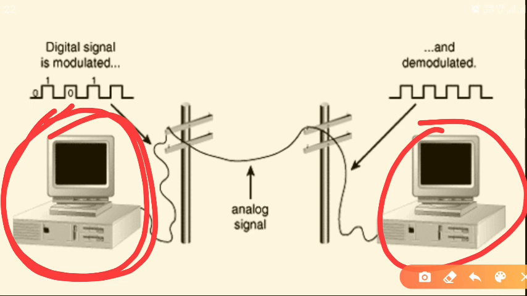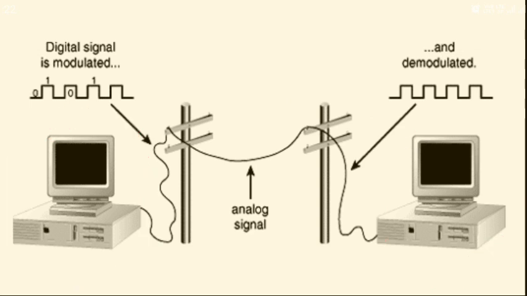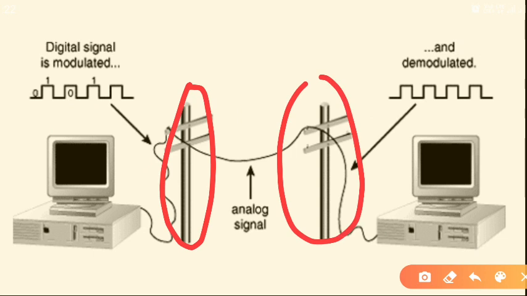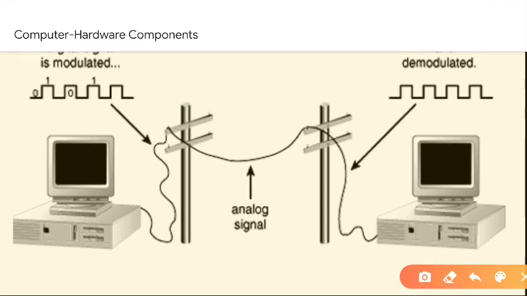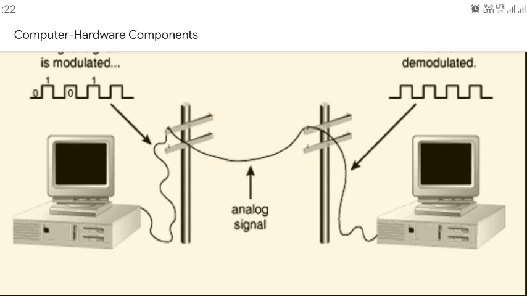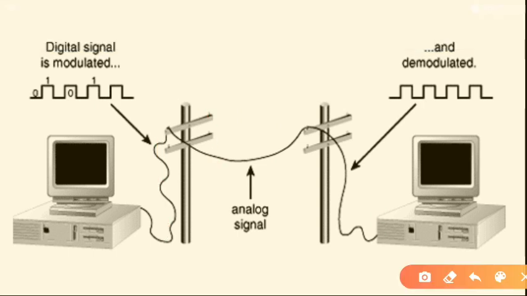In a broadband connection you get internet with the help of telephone poles. A wire comes from the telephone poles, which you must have seen in your locality. This wire is not directly connected to your computer as shown here.